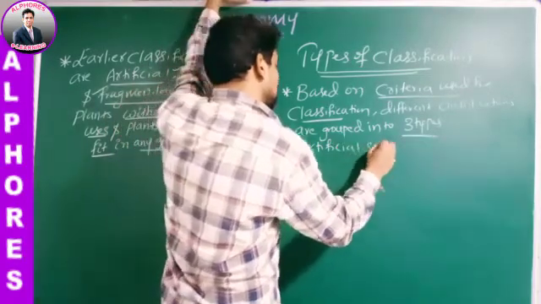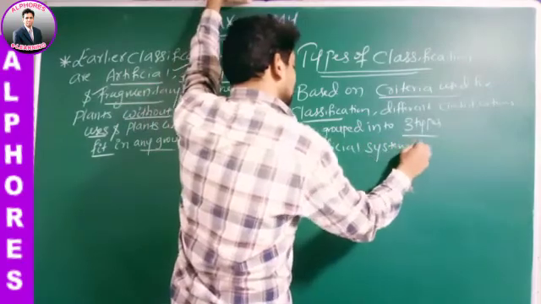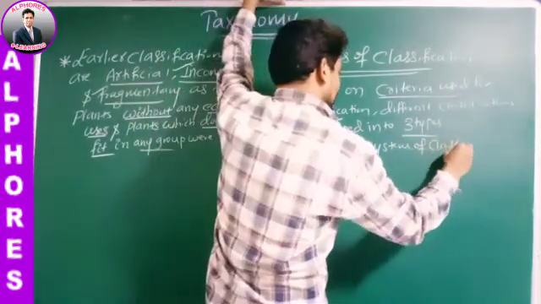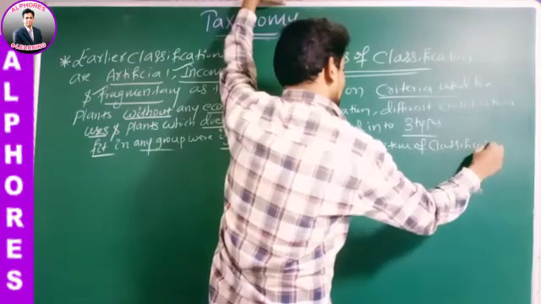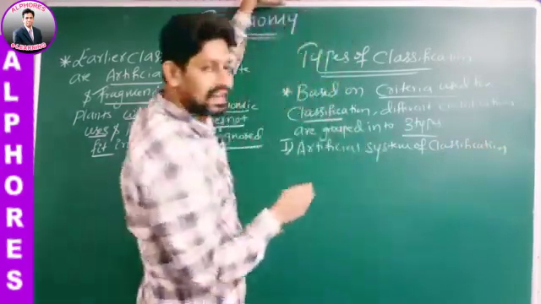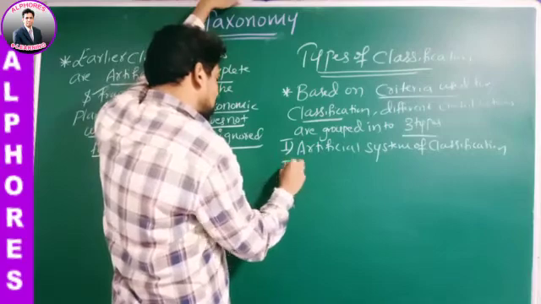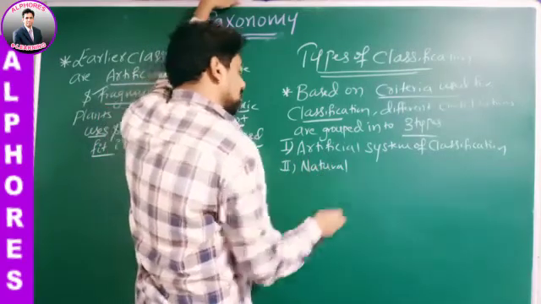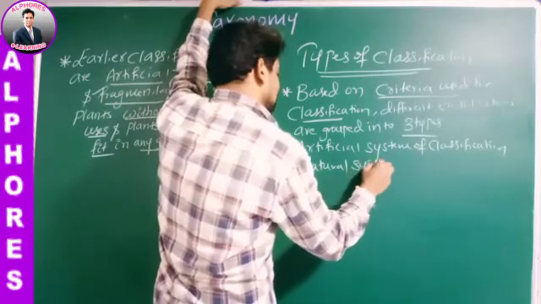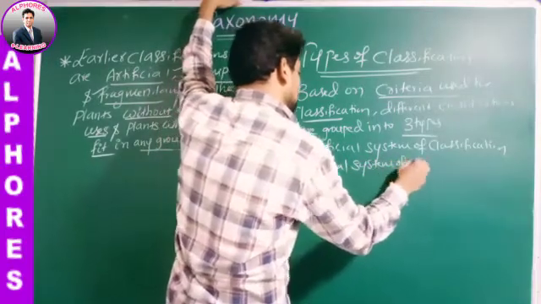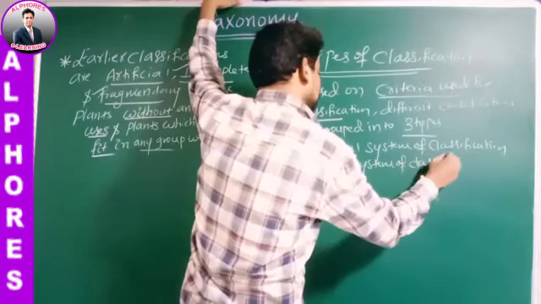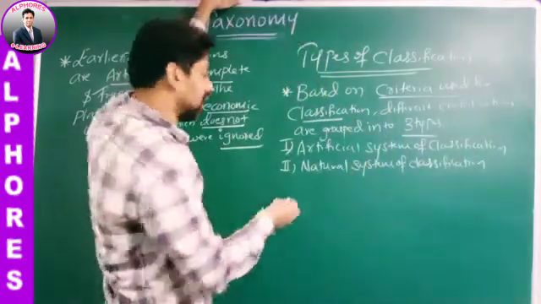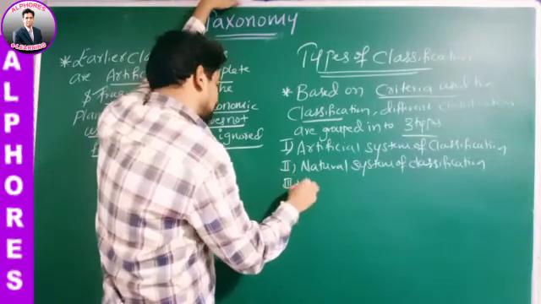Second one is natural system of classification. And third one is phylogenetic system of classification.